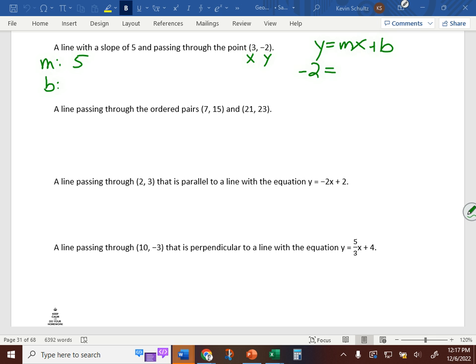We have our slope of 5 that you were given. We're going to substitute 3 in for x. And now we can solve for b. Does this ring a bell a little bit now? Again, it was PO24. Our first step, we're going to simplify 5 times 3.